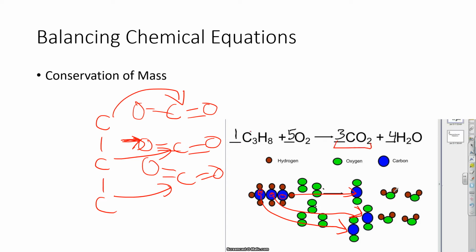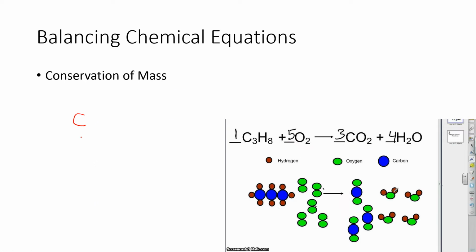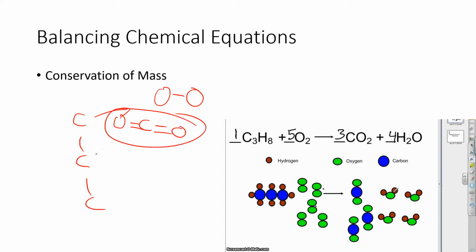Okay, and the same thing with the oxygen, right? Mass in equals mass out. So if we have 10 oxygens here, we need to have 10 oxygens over here as well, right? Because, going back to the propane example, we have 1, 2, 3 carbons. If we only have 1 oxygen molecule, how are we going to make 3 carbon dioxides? We can't, right? We can make 1 carbon dioxide, this carbon dioxide, but what about this carbon?